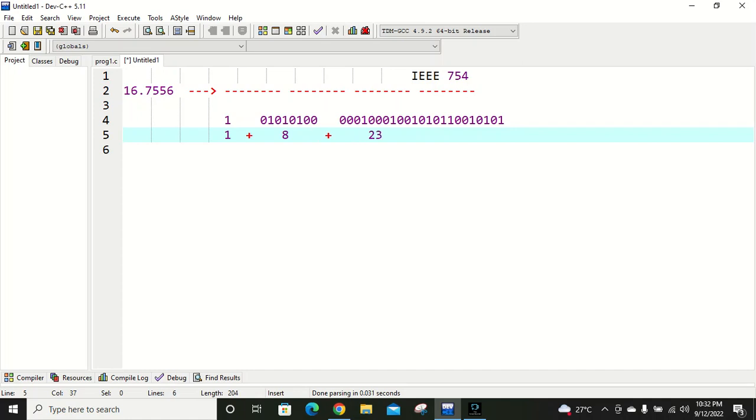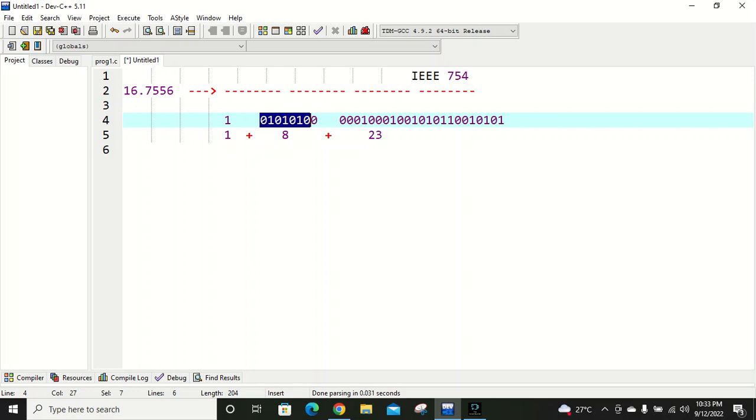The remaining are 23, and 23 plus 9 gives a total of 32 bits. Out of these 32 bits, the first bit represents the sign. If the number is positive, this bit is 0, and for a negative number this bit is 1.